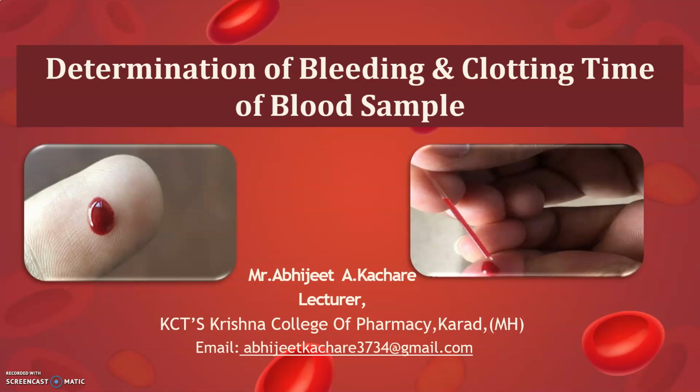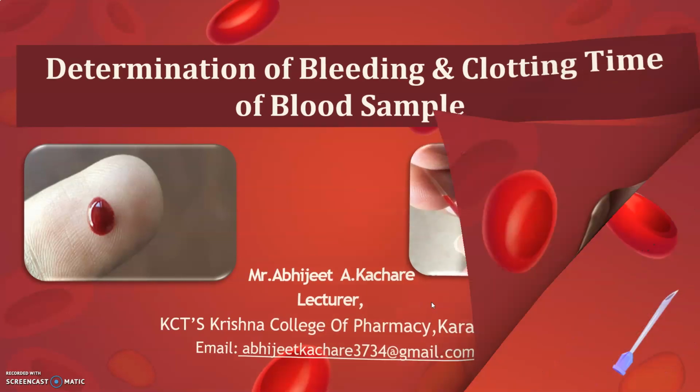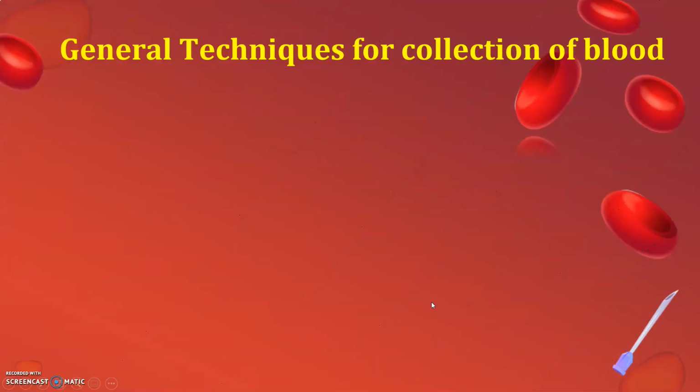Myself, Mr. Abhijit Ankush Kasure, working as a lecturer in KCD's Krishna College of Pharmacy, Karan. Let us discuss the different techniques or methods for the collection of blood. Number one, first is arterial sampling.